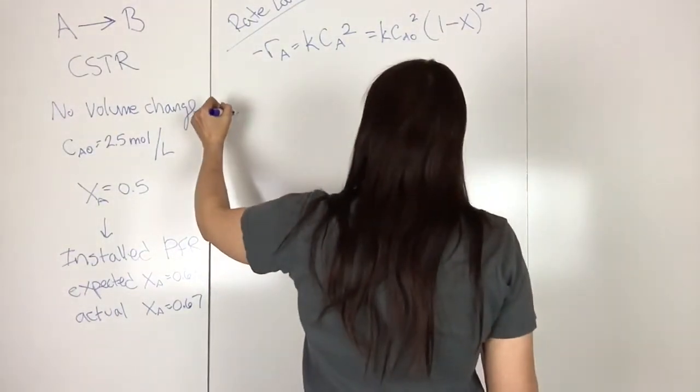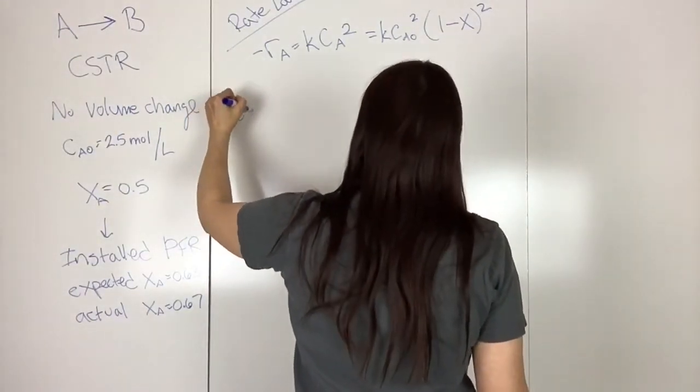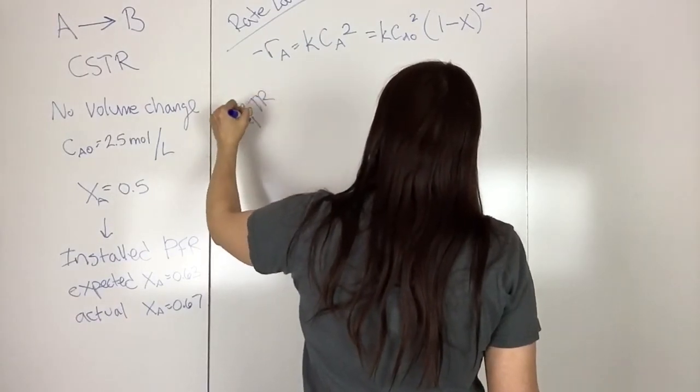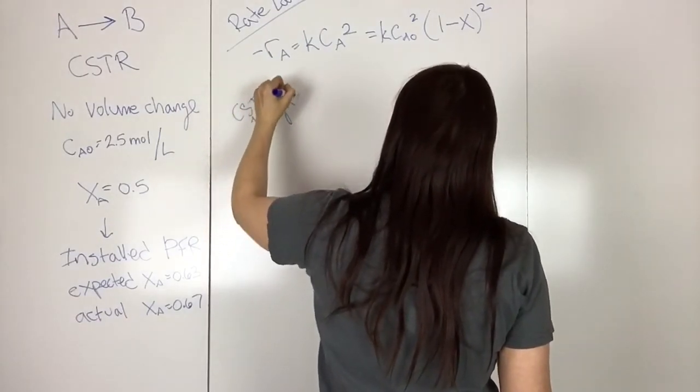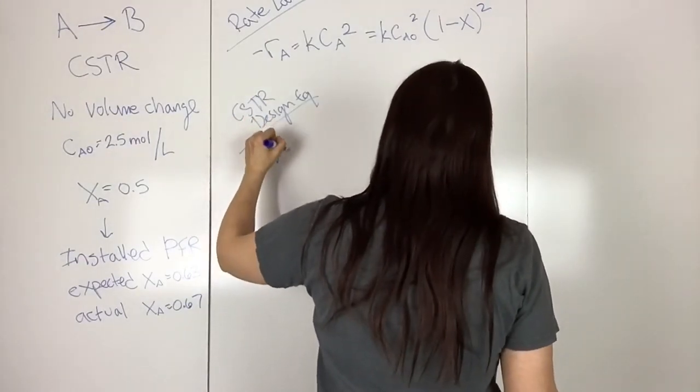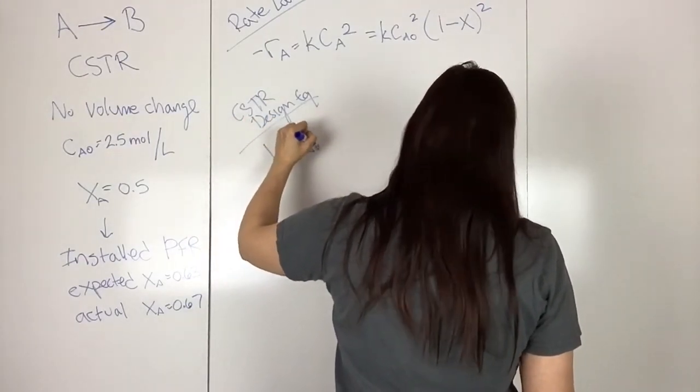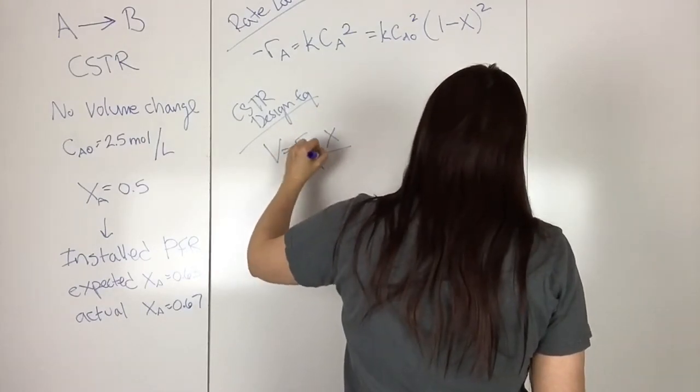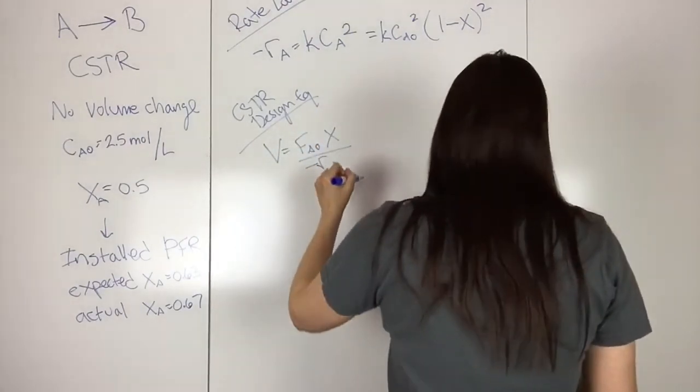The CSTR design equation once again is V equals FA naught x over minus RA.